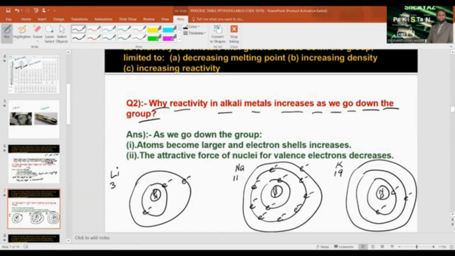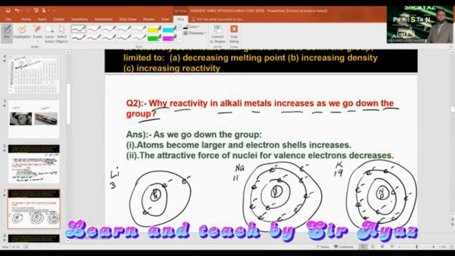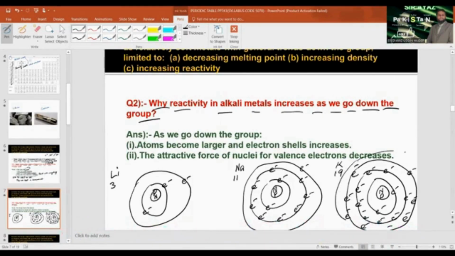In the second shell, 1, 2, 3, 4, 5, 6, 7, 8. 8 plus 2 is 10, and 19 minus 10, 9 electrons are still left. So in the third shell, there will be 8 more electrons, 1, 2, 3, 4, 5, 6, 7, 8. Now 1 electron is left, which will come in the fourth shell.